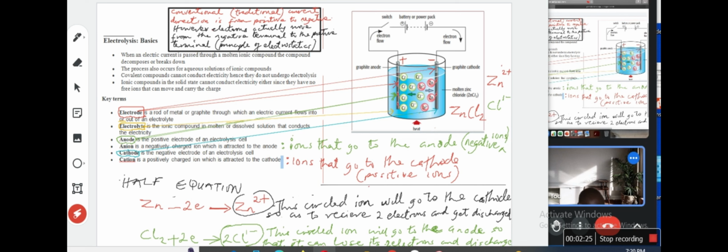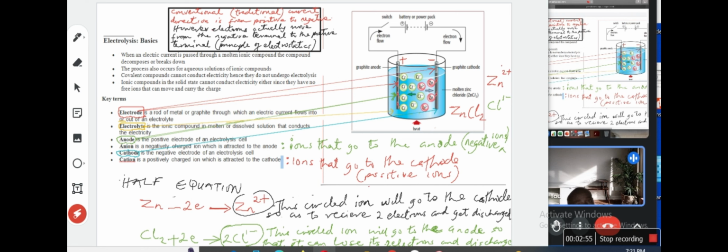But I think covalent compounds can't conduct electricity because they don't have free charges, is it? Yes, because they don't have ions. Covalent compounds don't conduct electricity because they don't have free ions. But ionic compounds conduct electricity in their molten state and also when they are in aqueous solution.